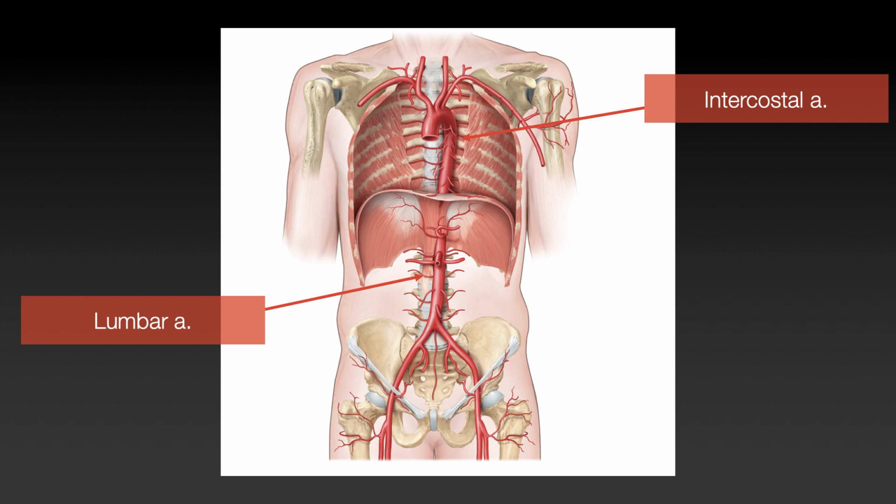There are no lumbar ribs, but there are branches of the arterial supply that deliver fresh blood to muscles of the erector spinae and other structures in that area. So I just wanted to show you where the blood came from. And hopefully it's not so confusing what I mean by intercostal arteries and lumbar arteries.